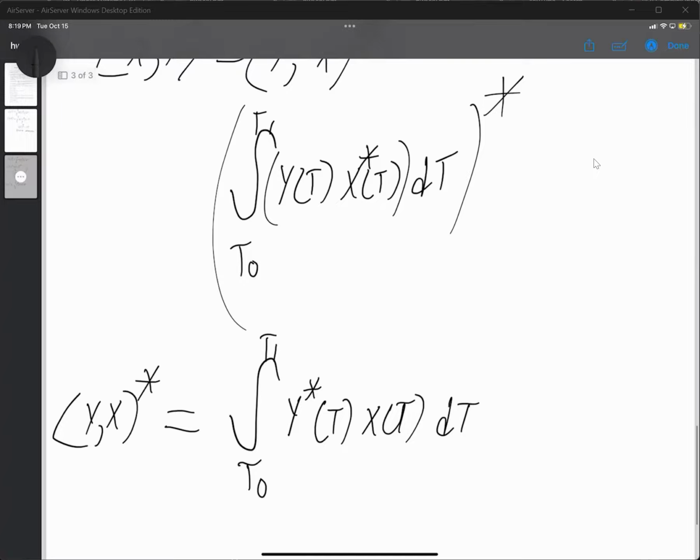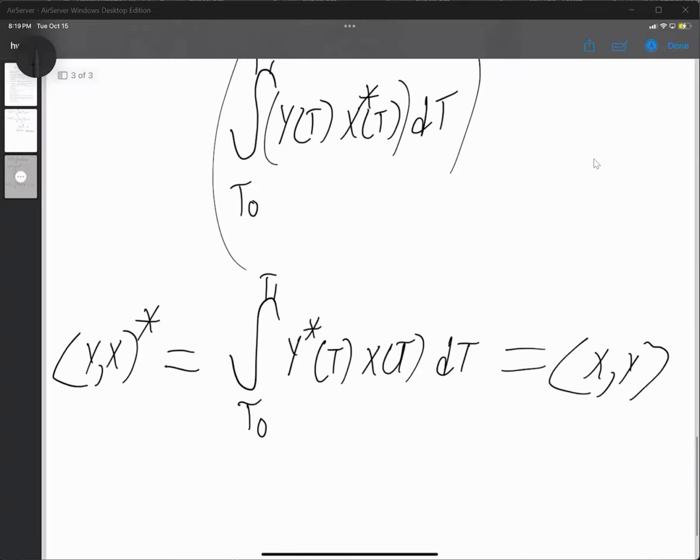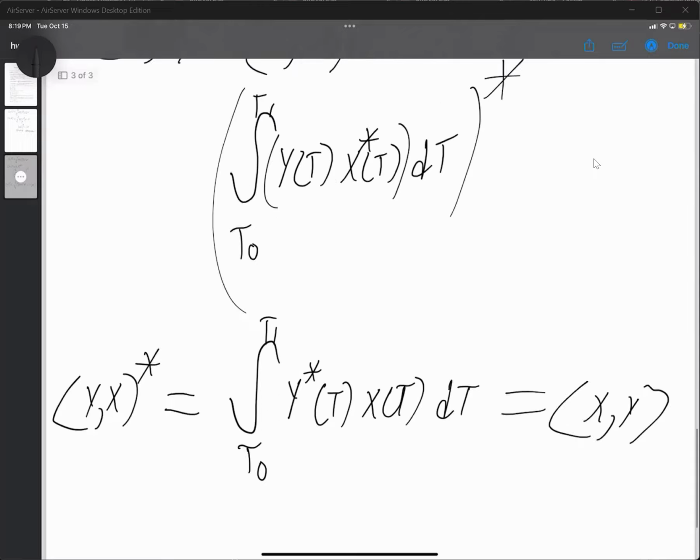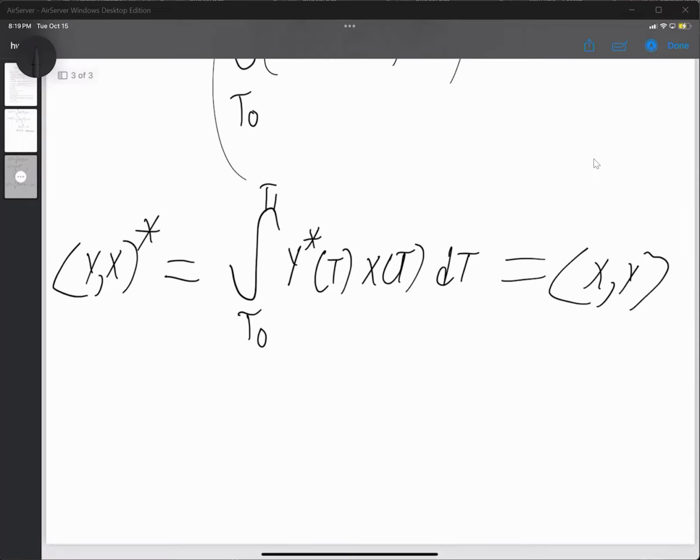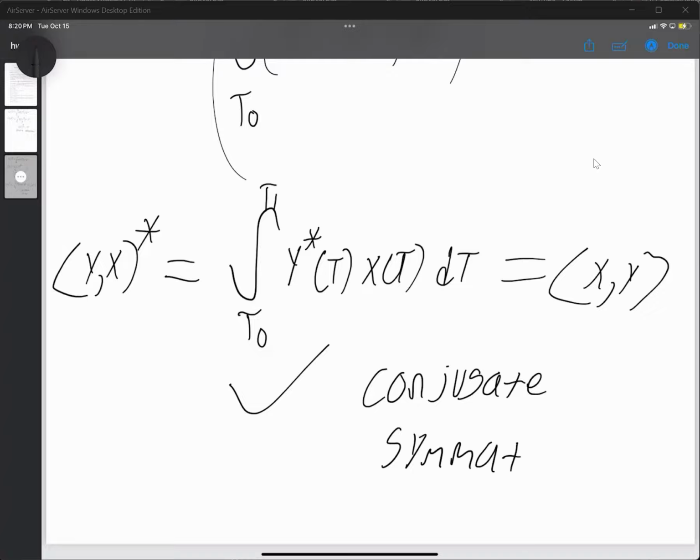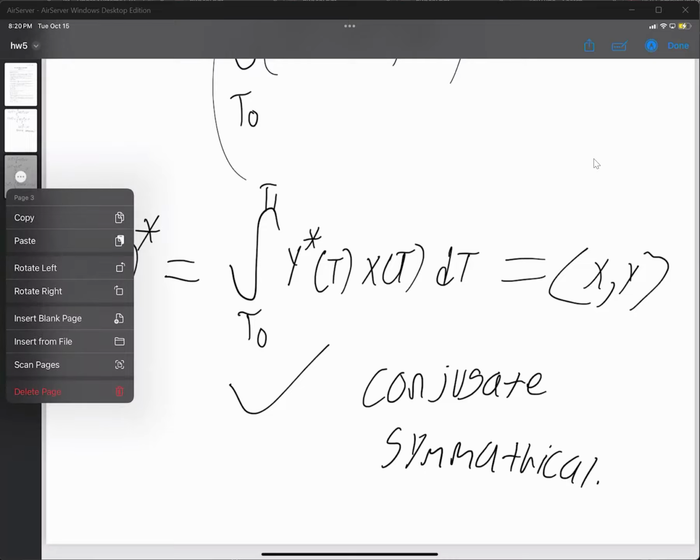As you can see, it's the same thing. It doesn't matter the order in which you multiply. So it is conjugate symmetrical would be the word, I guess. All right, and for the third one, linearity. Let me copy down the equation.